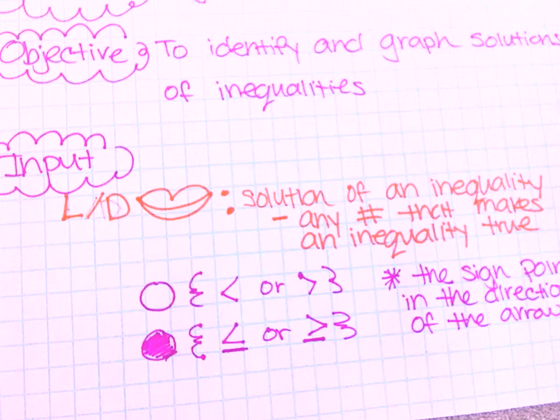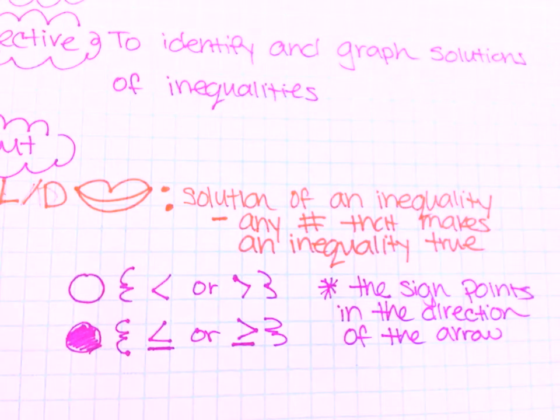It tells you which way to shade. The sign points to the direction of the arrow, and you know that's where you're going to shade. Pencil up when you have that. Beautiful.